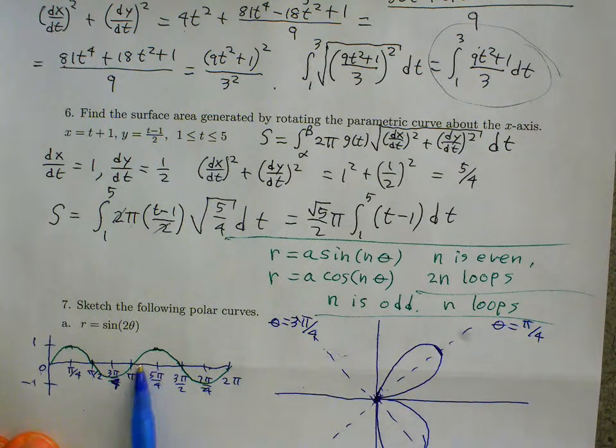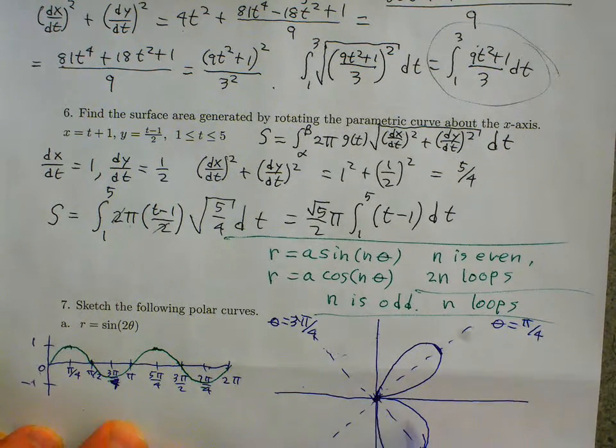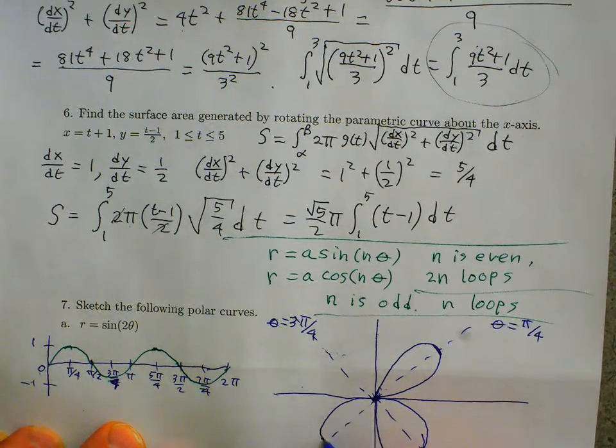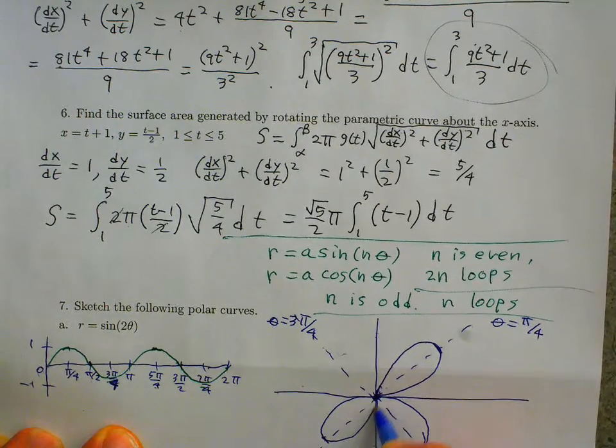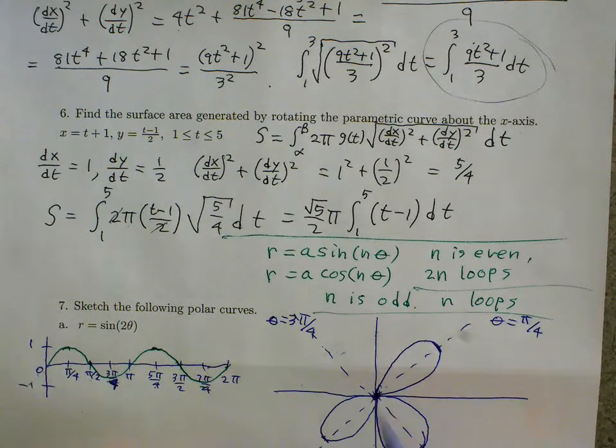Okay, between pi and 5 pi over 4, the r values are positive, so we're making our loop in that sector. And then from 5 pi over 4 to 3 pi over 2, the r values go to 0, so we're completing that loop. And then between 3 pi over 2 and 7 pi over 4, the r values are negative.